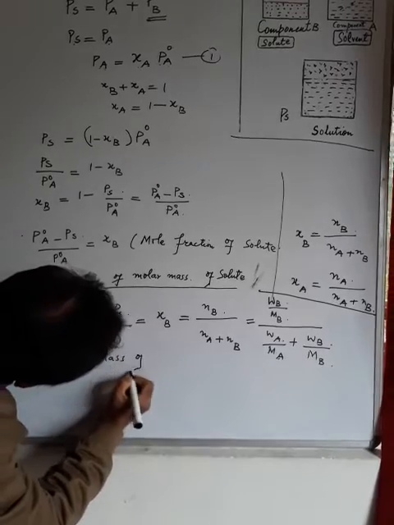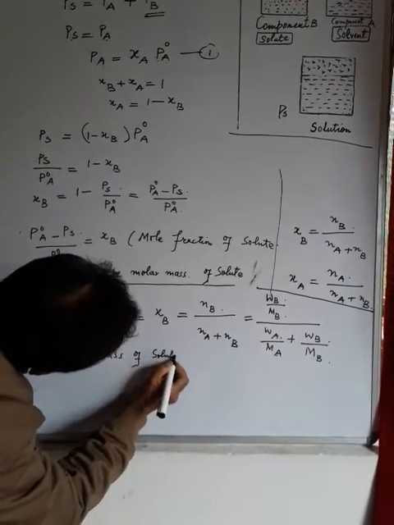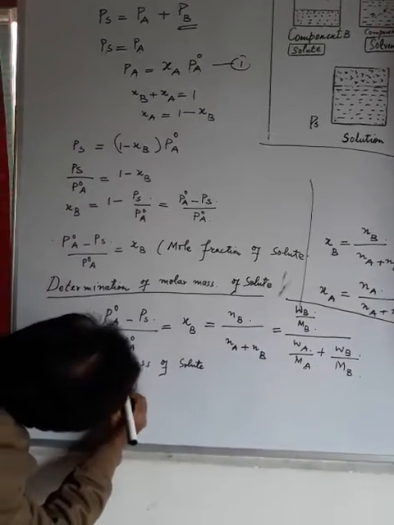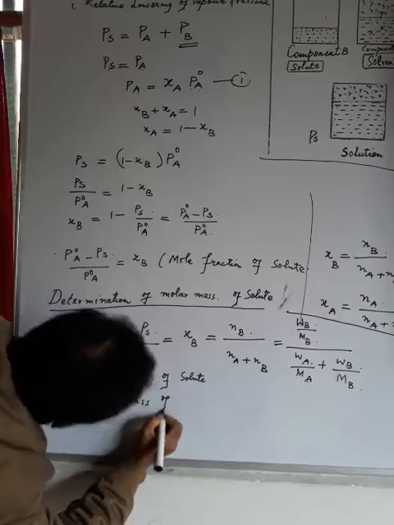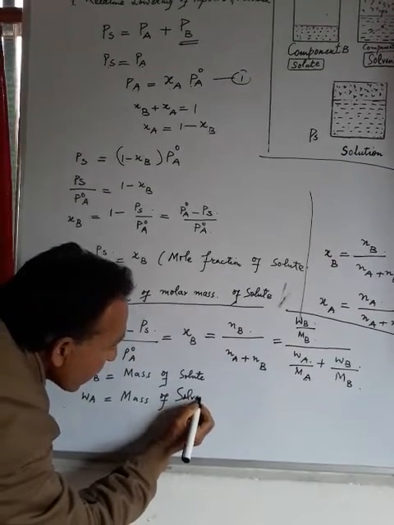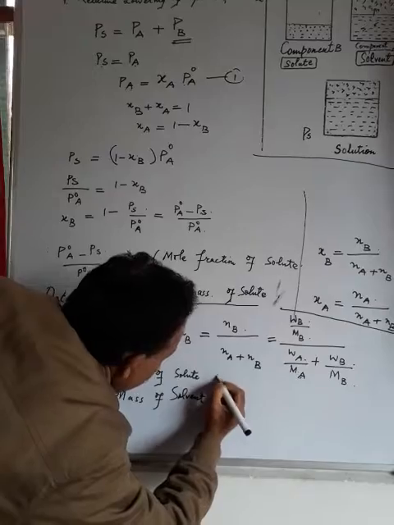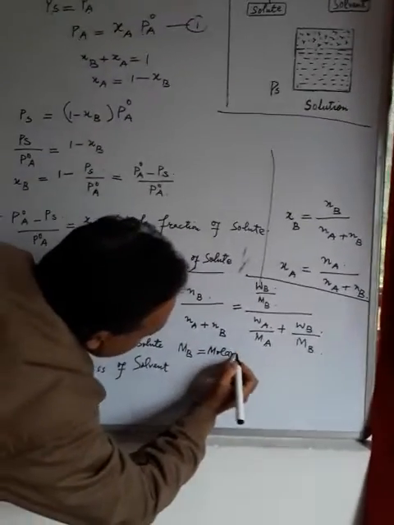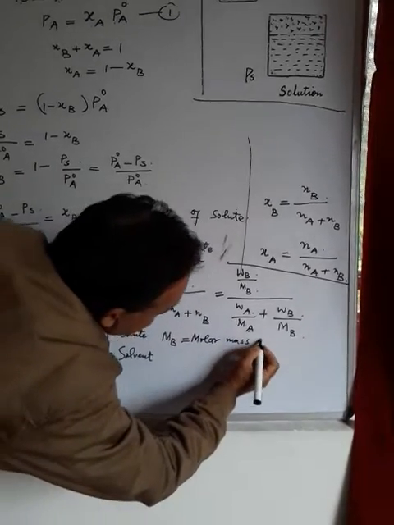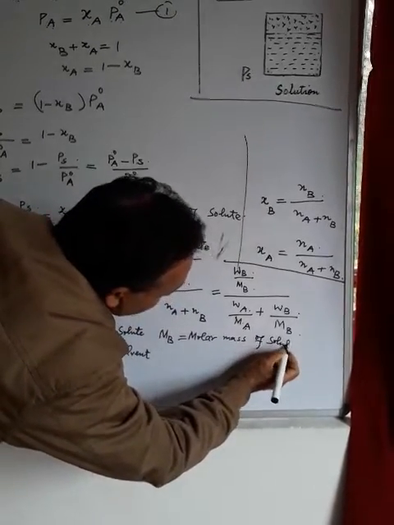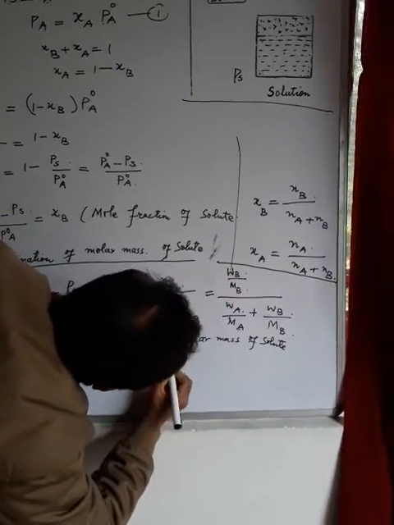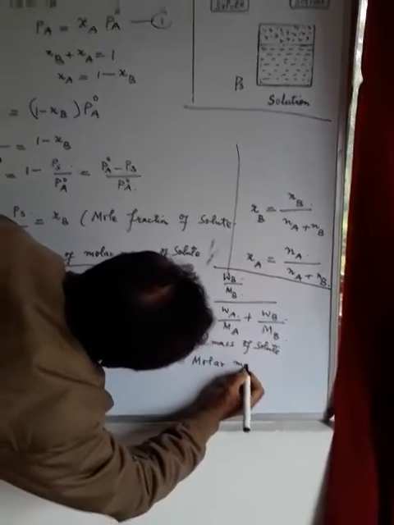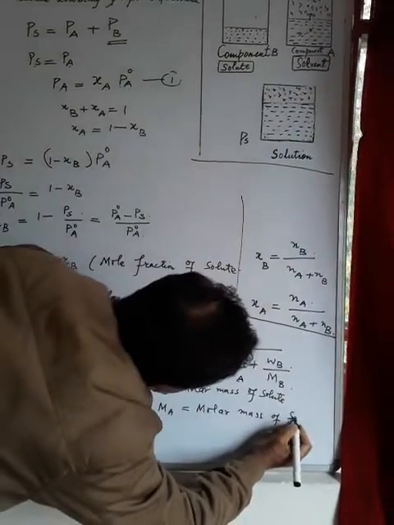Mass of solute. What is WA? Mass of solvent. What is MB? This is the molar mass of solute. And what is MA? This is the molar mass of solvent.